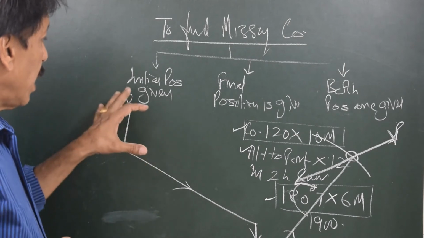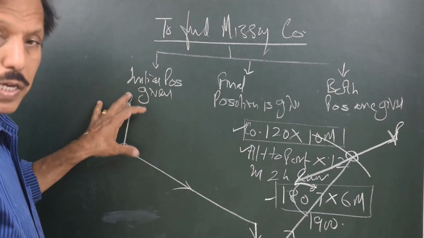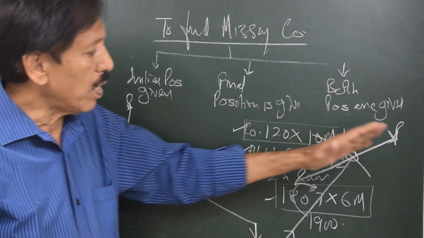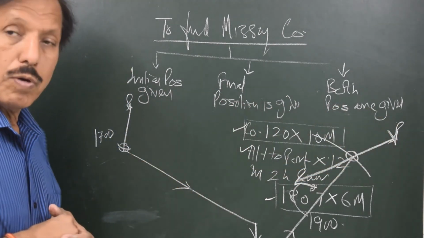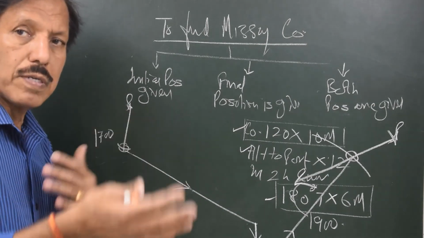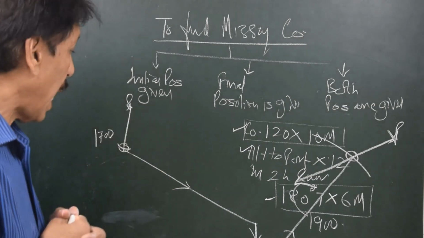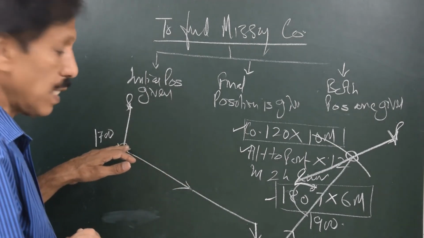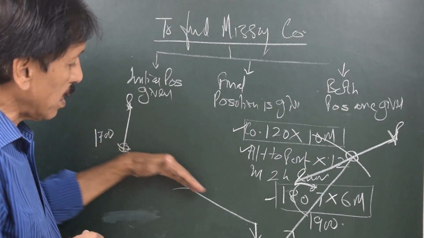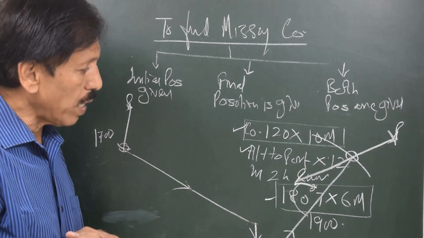Once again, in this particular question, we are given the initial position and we are given the final bearing, right? So the principle that we would use is, if we shift the order and place all the known courses on the fixed side, the first known course that we had was 120 into 10 miles.